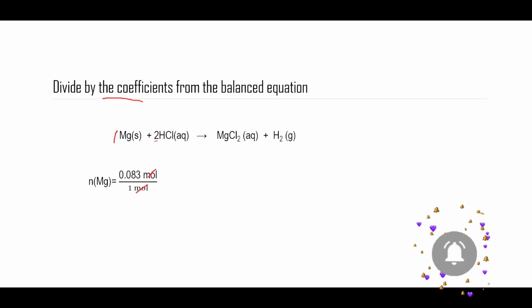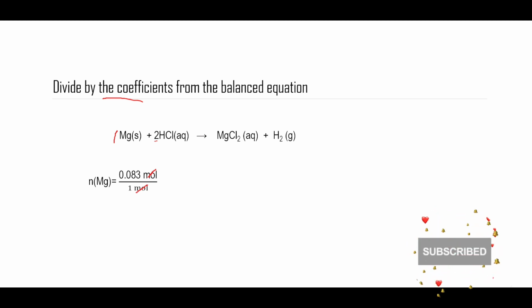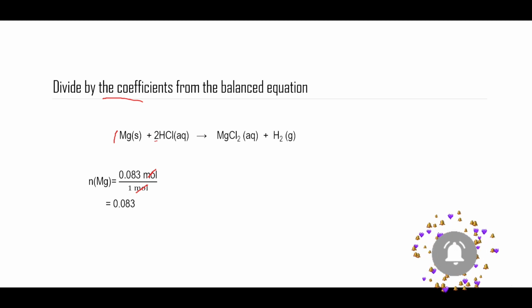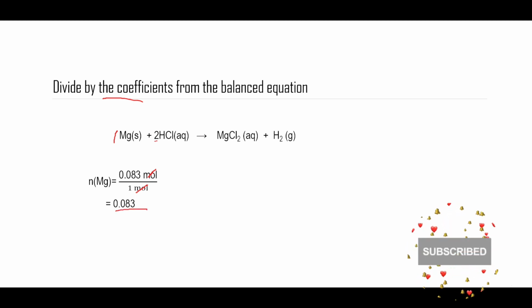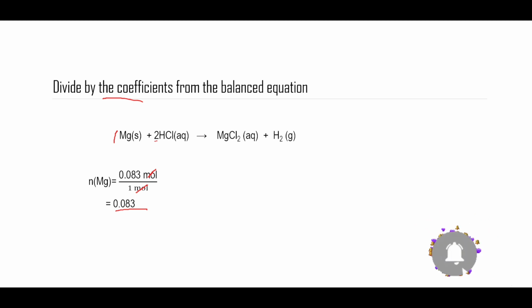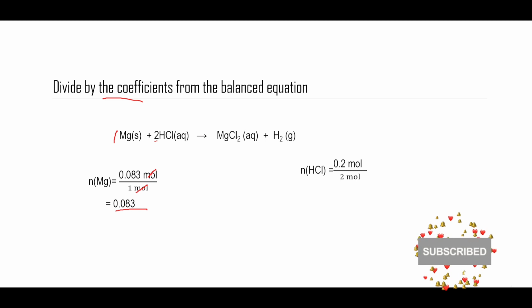We cancel out the moles, and when we divide, we have the actual number, which is 0.083. Then for hydrochloric acid, we have the number of moles calculated to be 0.2 moles divided by 2 moles from the balanced equation. We cancel out the moles there, and it is going to give us 0.1.